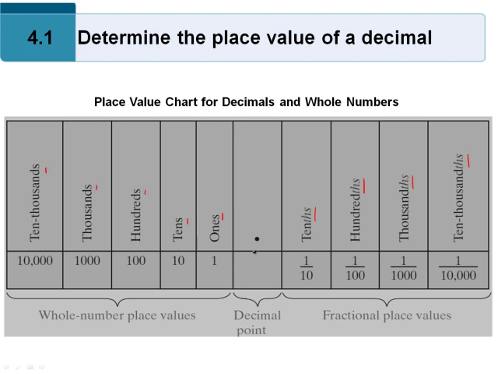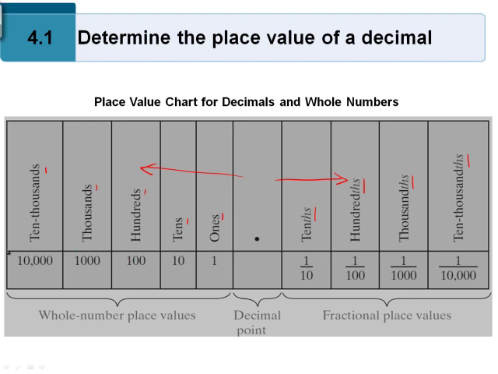So you have the decimal point in the middle, and when you're counting your place values, you start at the decimal point and you count to the left for the whole numbers, and you count to the right with the decimal numbers. So it always starts at the decimal point and goes either to the left or to the right. To the left we have the ones place, tens, hundreds, thousands, 10,000s.